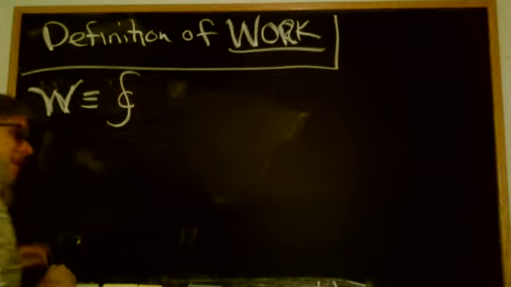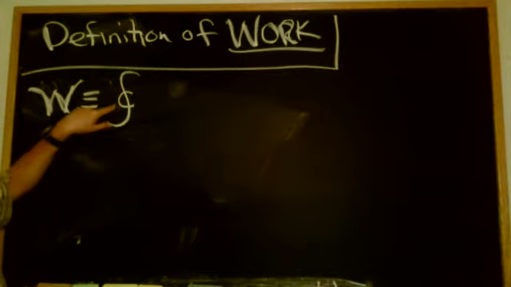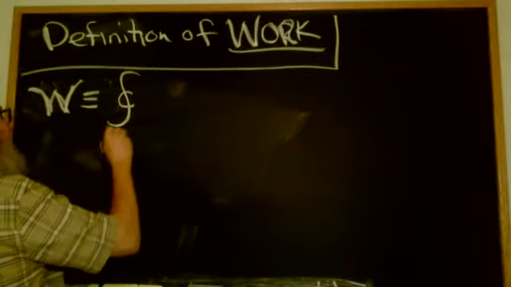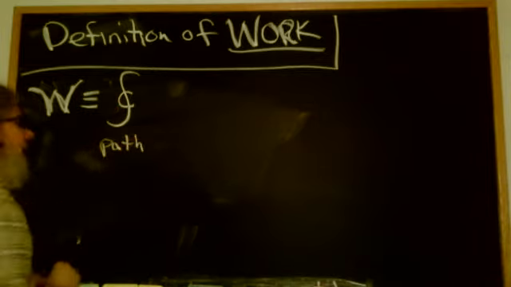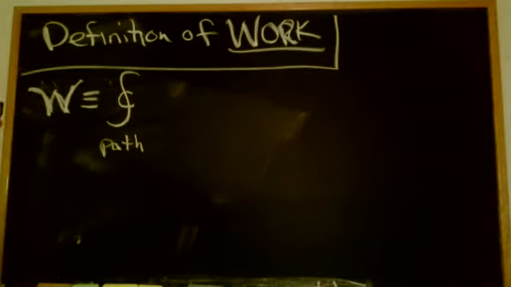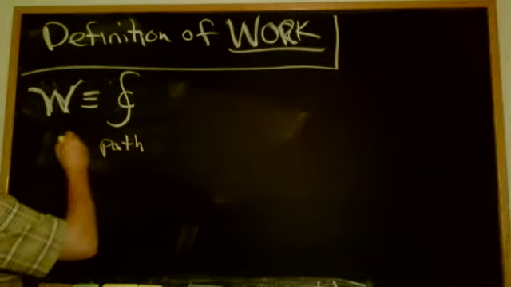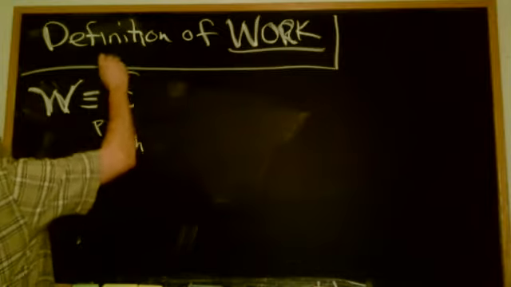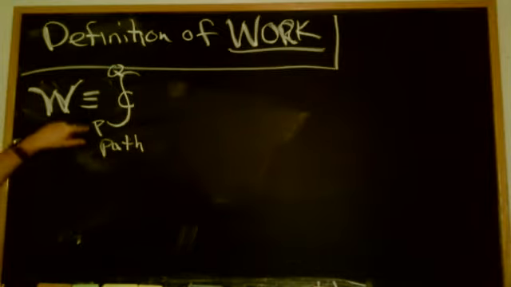I'm going to label that integral with the little letter C, which is short for curve or path. I will often emphasize that this is a path integral by putting the word path underneath that integral. It's an integral on a path from some point P to some other point Q, so the limits correspond to positions P and Q.